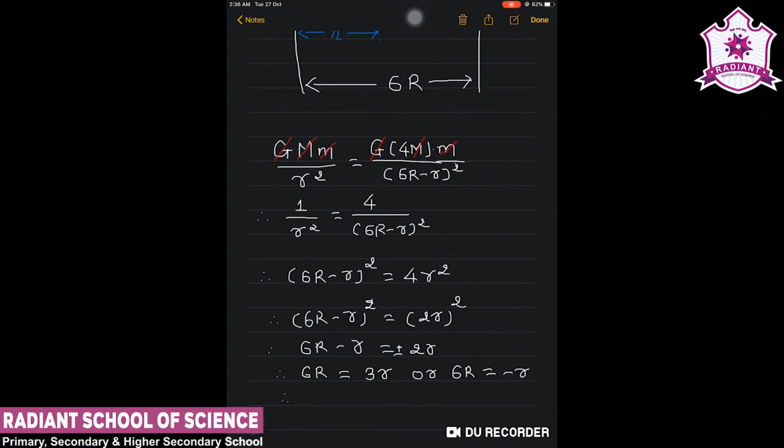Therefore, r is equal to 2 times capital R, or r is equal to minus 6 capital R. Now it is very clear that the neutral point r equal to minus 6R does not concern us in this example. Thus, ON equal to small r equal to 2 capital R is accepted.